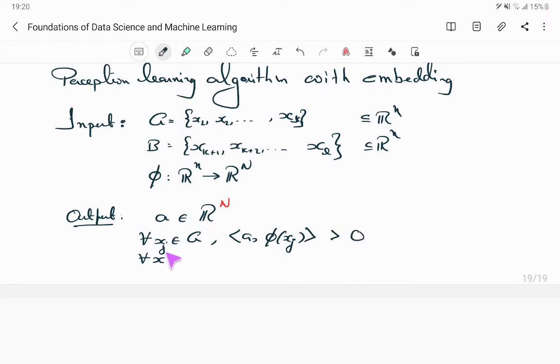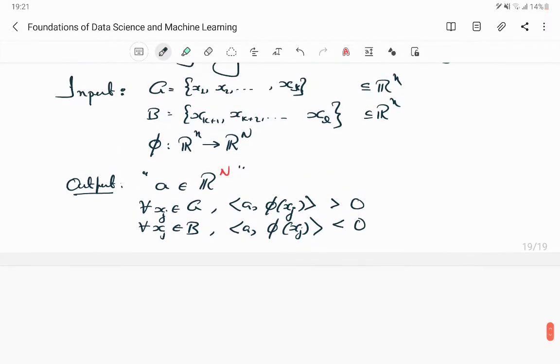Don't bother about the subscript j, since I just indexed the points for another reason which I'll tell you later. We need an a which satisfies this condition, right?